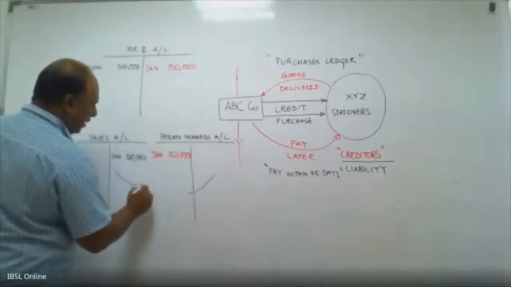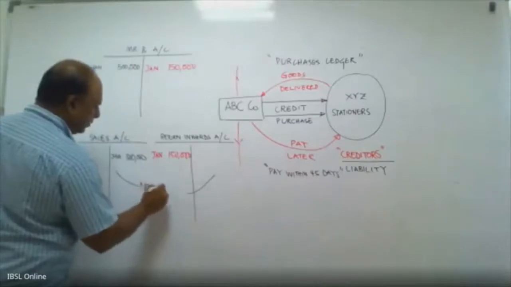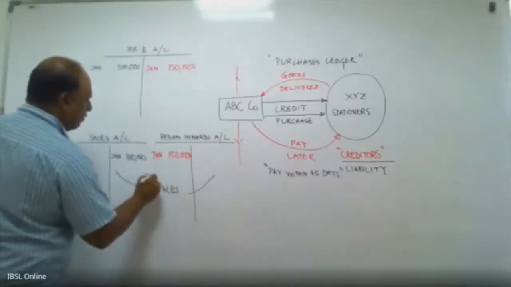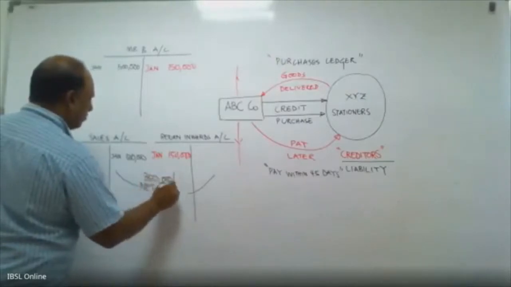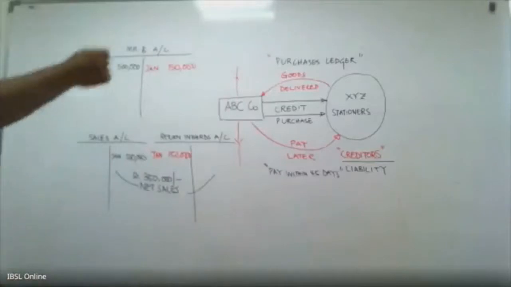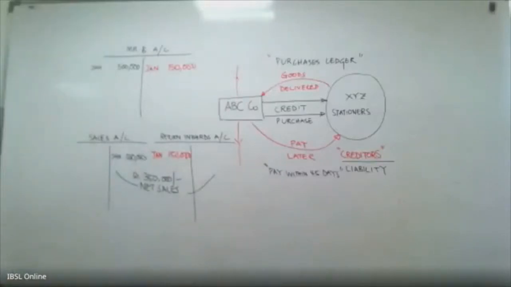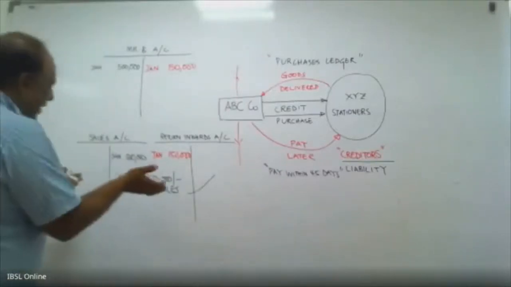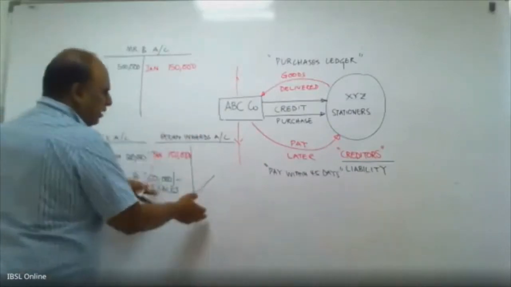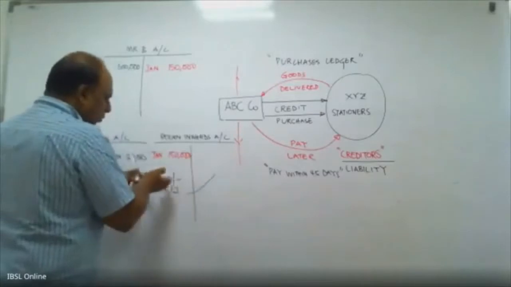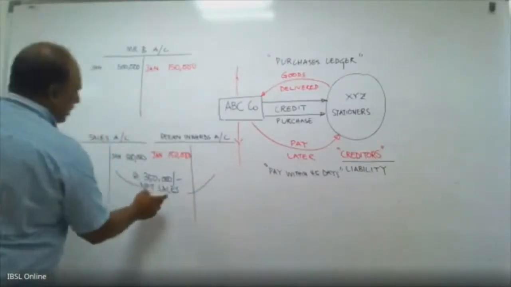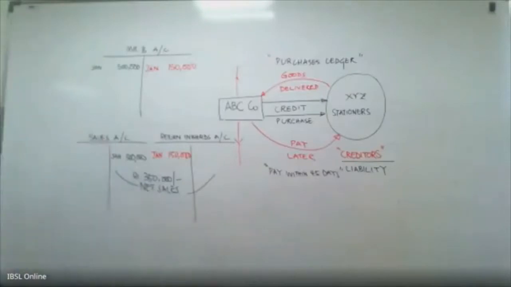It will be net sales, 350,000. Just for your information, we will learn how to do it in the accounts. So your sales will be net sales, 500,000 sales, 150,000 return, and I do a set off to show that net sales will be 350,000.